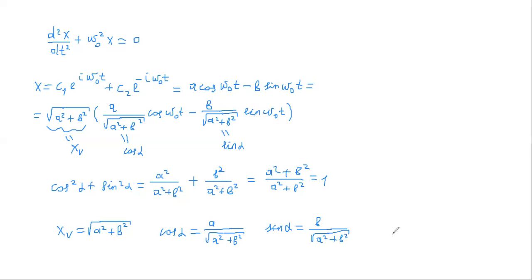And sometimes it is better to use tangent alpha, that is equal to sinus divided by cosine, and this will be b divided by a.